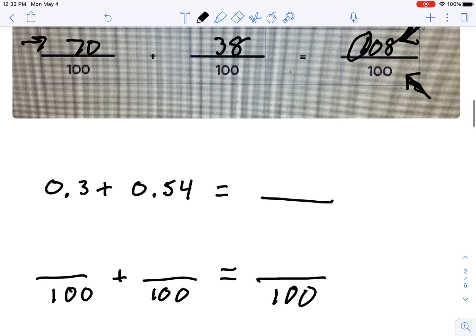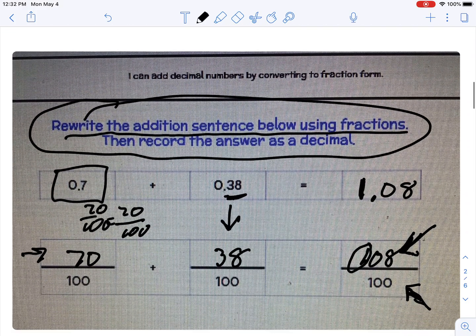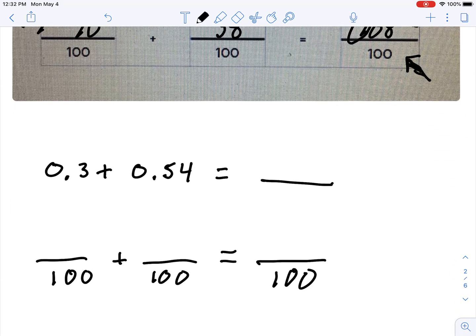Okay? I'm giving you one, hopefully, that's a little easier that I want you to try. So go ahead and look back at this example if you need to. But what I want you to do is take this problem, the decimals. First thing I want you to do is write it as fractions. So what you're going to do in this answer is you're going to have two answers. I'm going to want you to write the decimals down here as fractions.